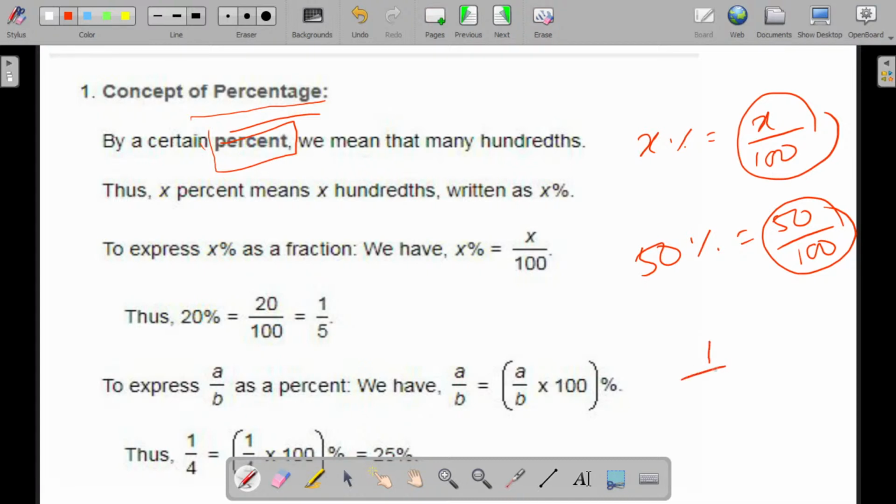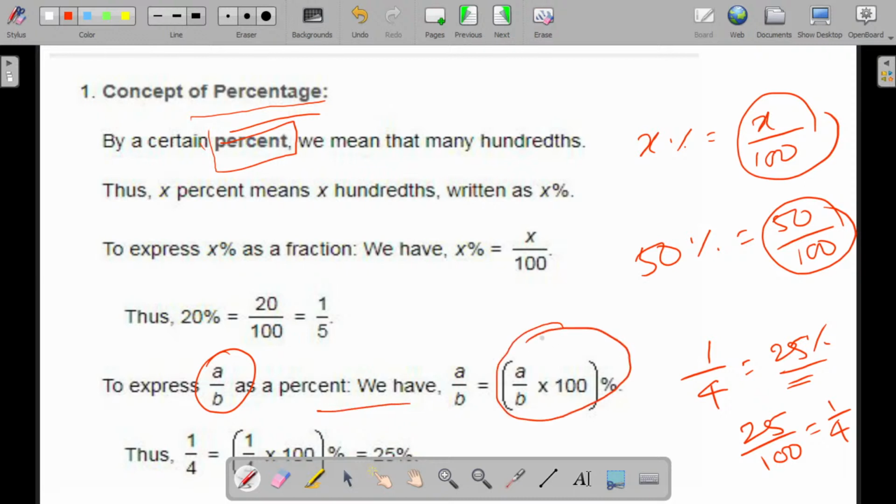For example, 1 by 4 means how much? It is 25 percentage, that you can represent as 1 by 4, that is 25 by 100. So you need to represent A by B as a percentage: A by B into 100.